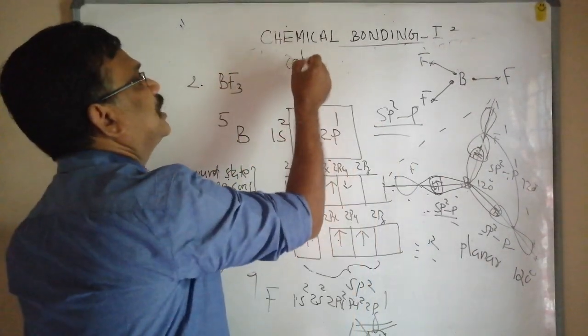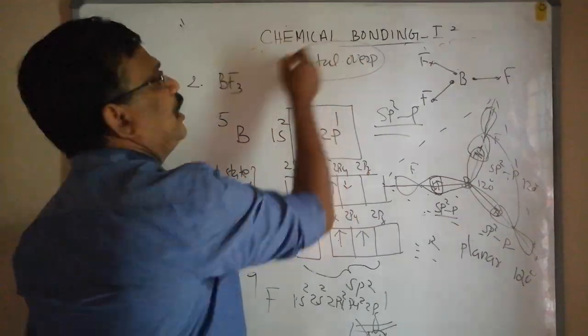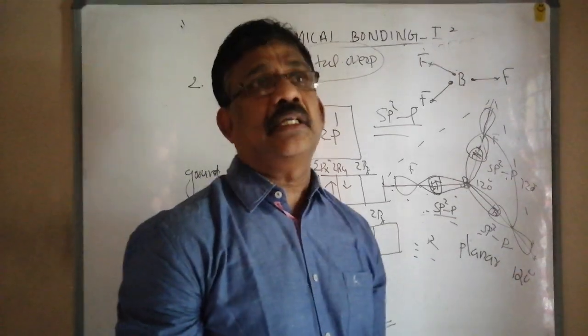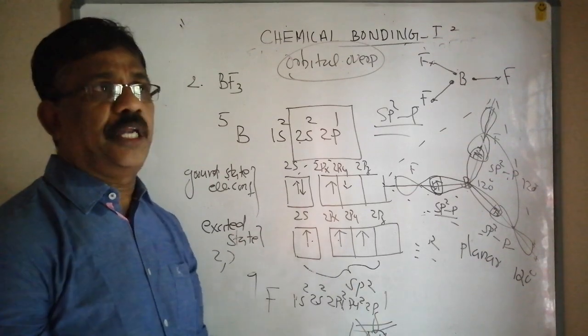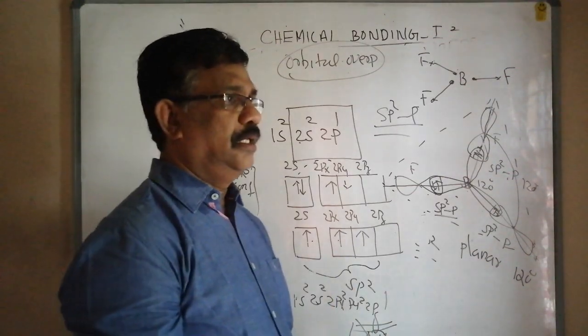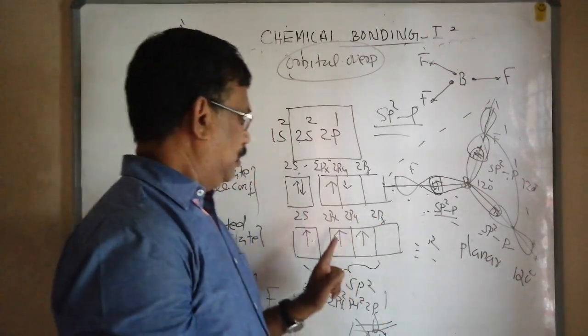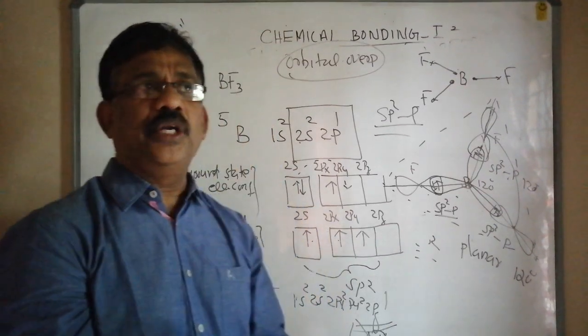Orbital overlap, with its different types, is the key point of valence bond theory by Pauling and Slater, 1932. To define sp2: 1 s and 2 p orbitals are involved in intermixing, and this hybridization is called sp2.